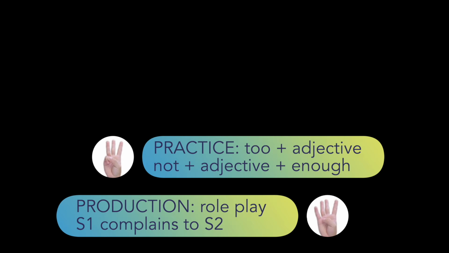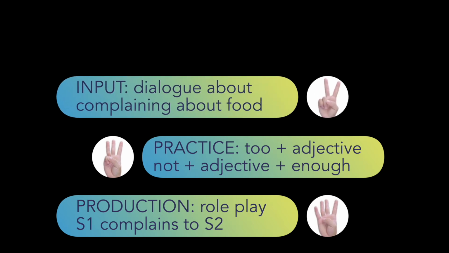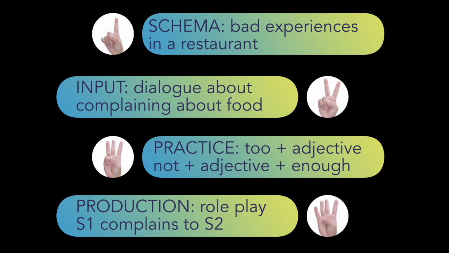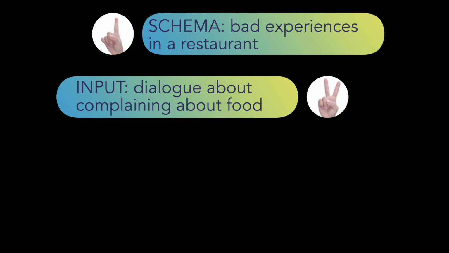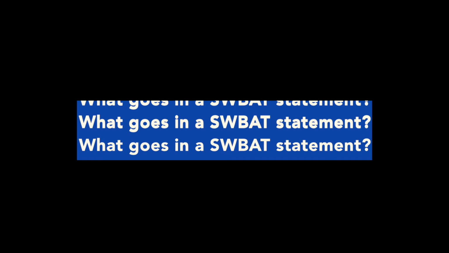Too hot, too spicy, too cold, not hot enough, not cold enough, not spicy enough, etc. Therefore, we know the input is going to be some kind of dialogue, restaurant dialogue, complaining, using that language. Therefore, we know the schema is going to be thinking about bad experiences in restaurants. So it's so much easier to work backwards using that statement than to try and work forwards without one.